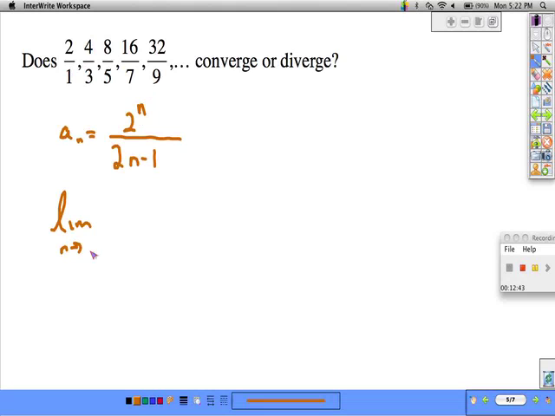Now we look at the limit as n goes to infinity of a sub n. And what we have here is indeterminate form. It's equal to infinity over infinity. So what we need to do is we need to use L'Hopital's rule.